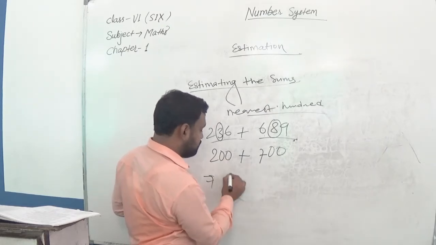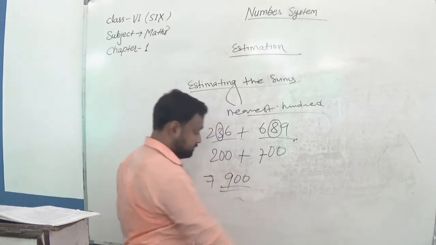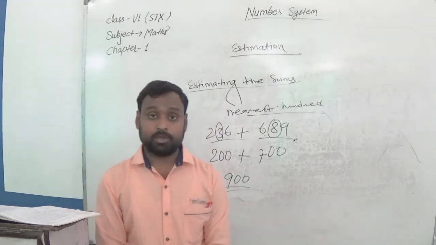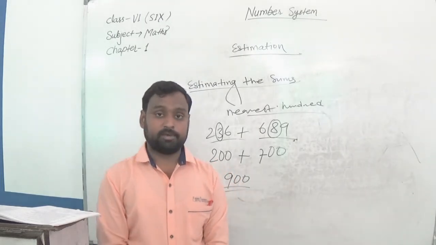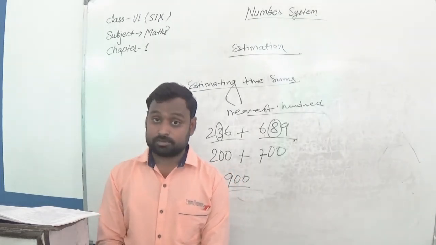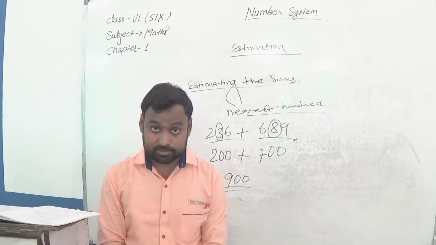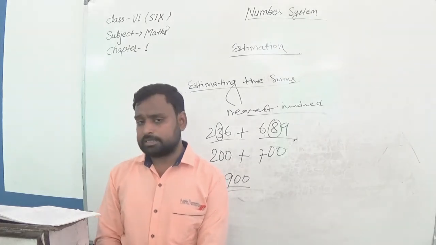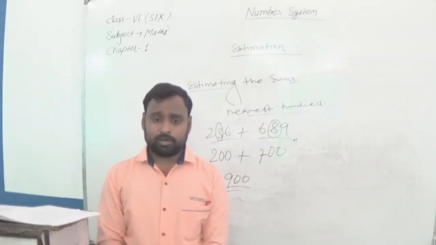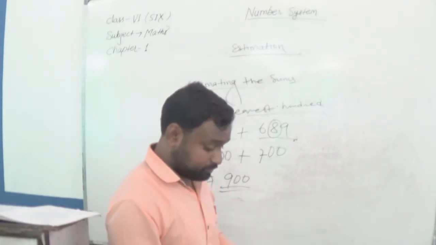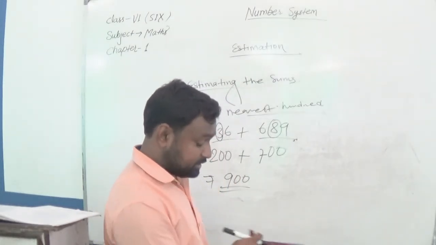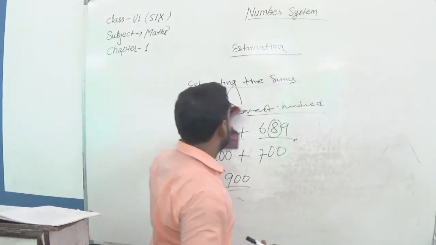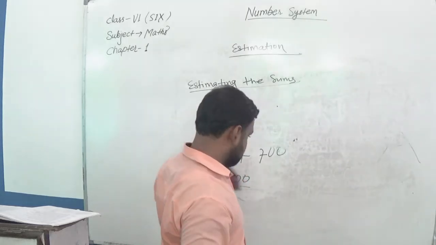Now 200 plus 700 is 900. It will be the estimation. In this way, you can estimate the sums to the nearest 1000. Okay, you can easily solve this exercise 1D. Now, one more thing we have to learn in this chapter, that is estimating the products.